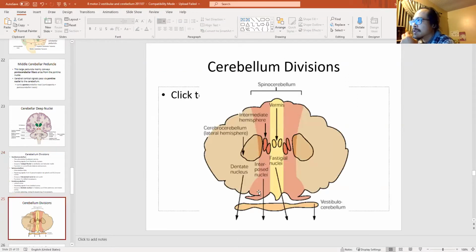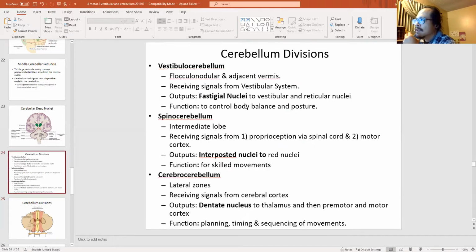So just showing you this picture again. There are three divisions: vestibular cerebellum, the spinal cerebellum, the cerebral cerebellum. They have their own input. They have their own outputs, and because of the output, we know what their function is, right? If it's to the vestibular and the reticular, we know it's for the body balance and the muscle tone.